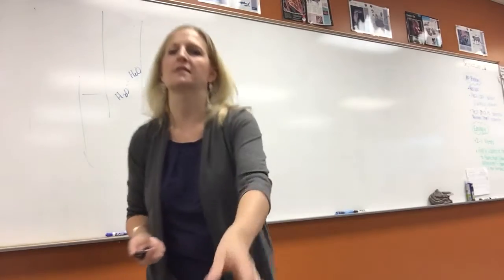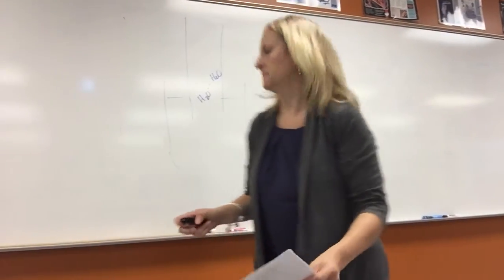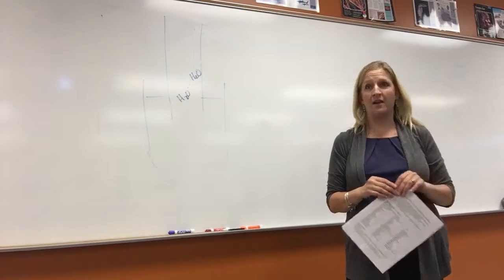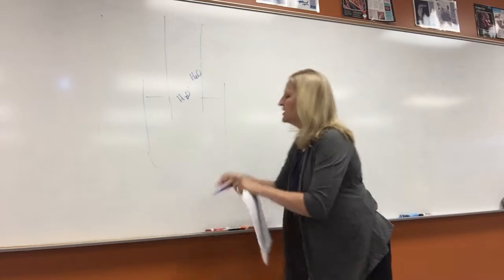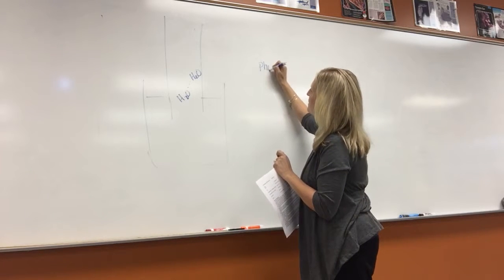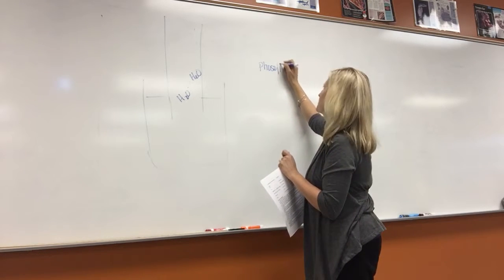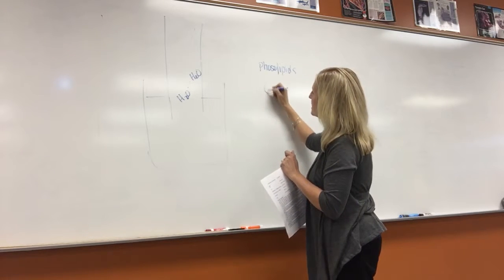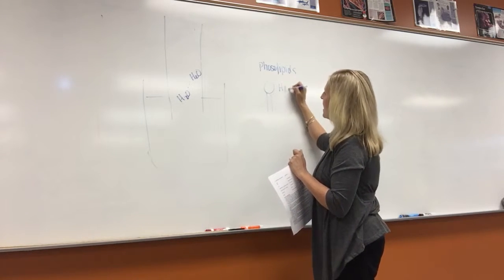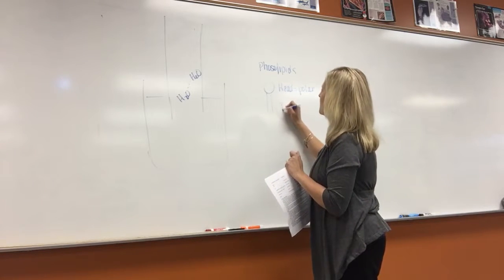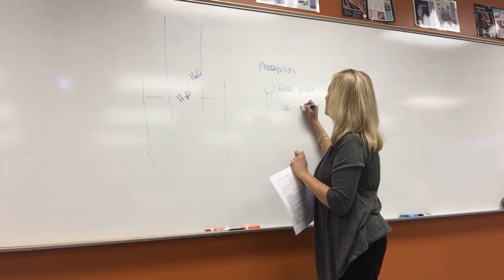Other questions? Yes? On this section, I'm not sure how to say it. Amphipathic? Amphipathic. This is when a molecule, and phospholipids are an example of this, which is in another section, chapter 5. But remember, phospholipids had the head and the tail, and the head is polar and the tail regions are non-polar.